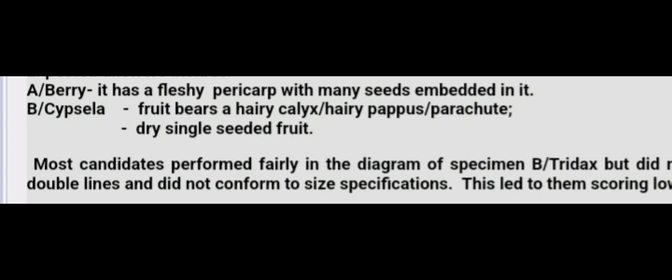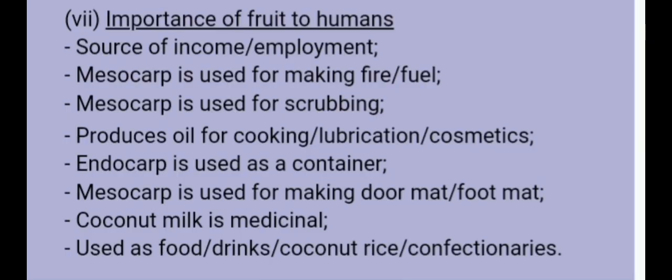Now, if you're asked generally what are the importance of fruit to humans, fruit is a source of income. People sell fruit, so source of employment. And then the mesocarp of fruit is used for making fire or fuel. So you can say it's a fuel. The mesocarp is also used for scrubbing, and fruit produces oil for cooking, or for lubrication also, or for cosmetics.